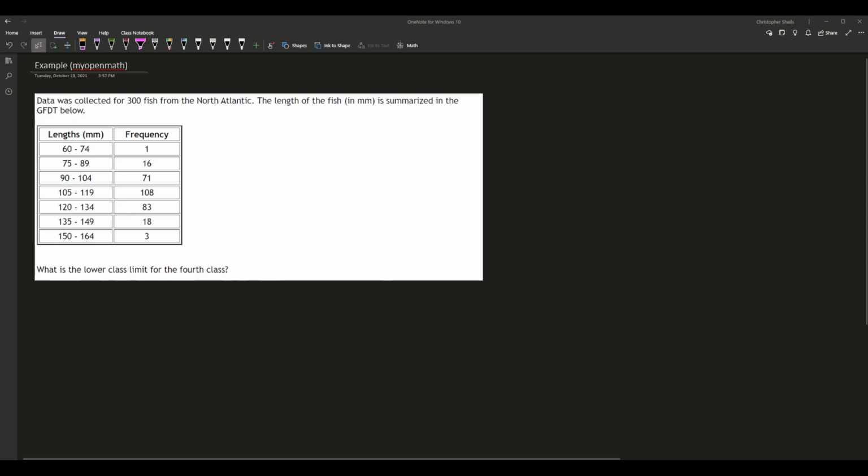And by GFDT, we mean grouped frequency distribution table. So whenever you see this, this is really just referring to a frequency distribution table, a grouped frequency distribution table.